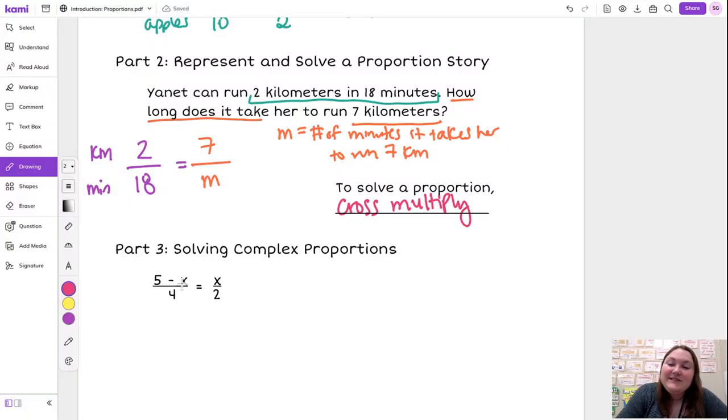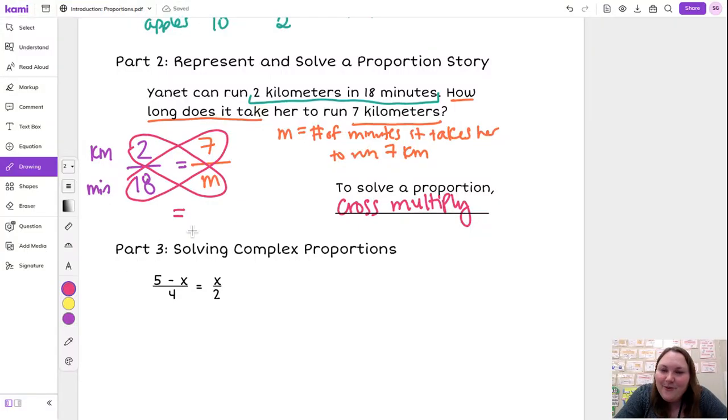Cross multiply uses multiplication, and we multiply the things across from each other, like an x. So to solve this proportion, I would want to multiply 2 by m together and multiply 18 by 7. And those are the two sides of my equation.